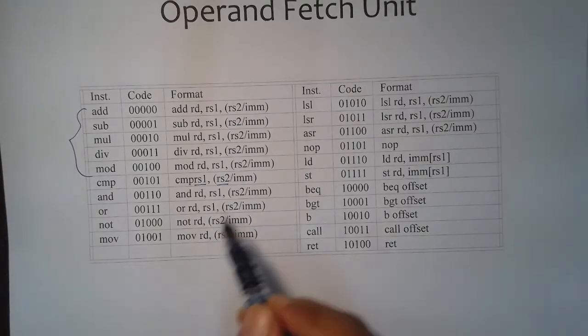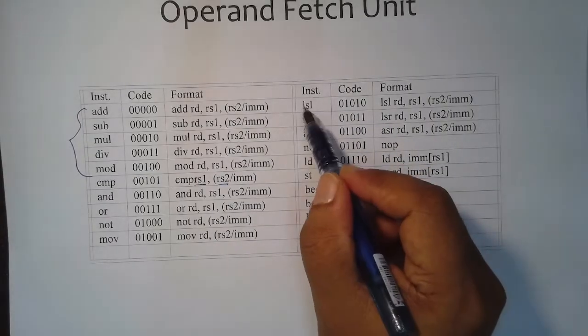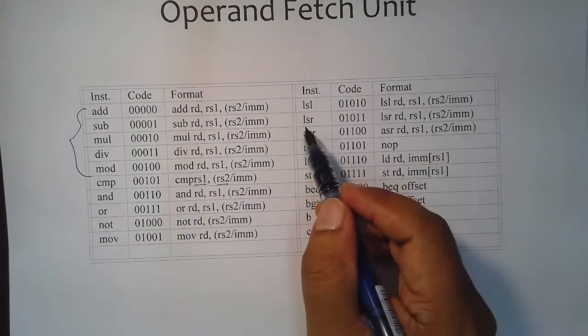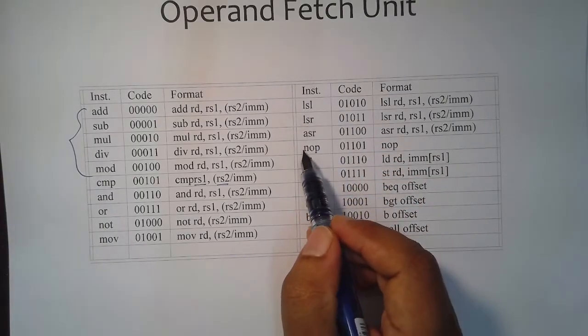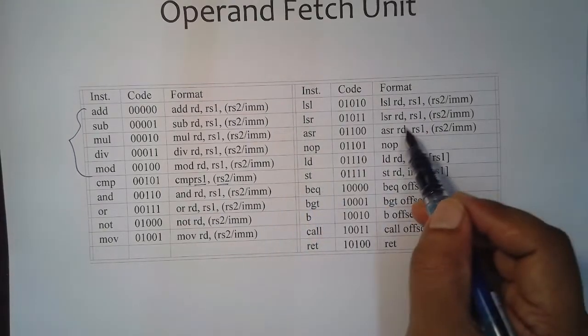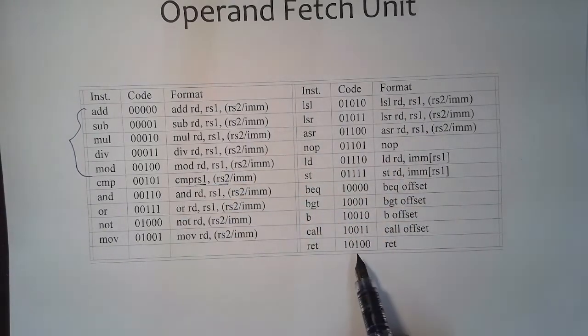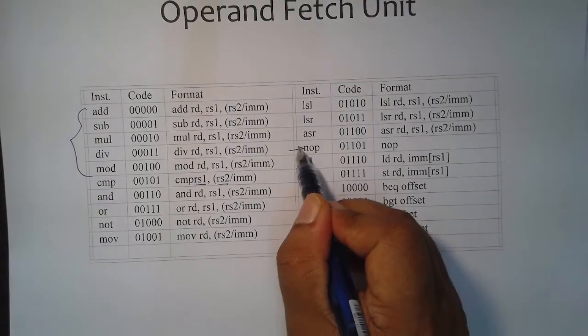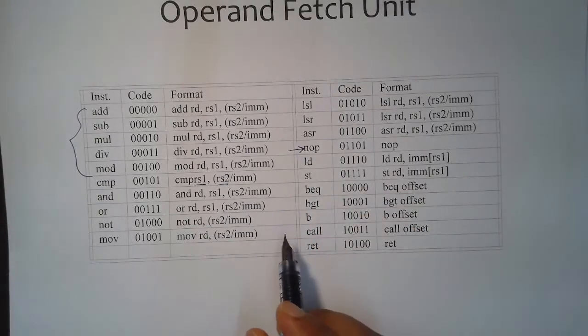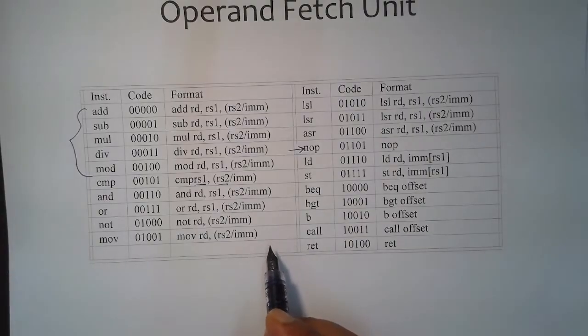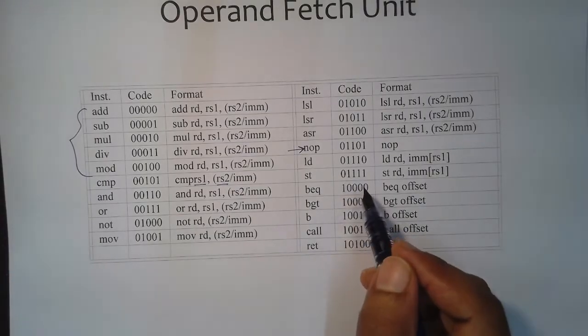And then you have the shift instructions, logical shift and arithmetic shifts, which also have the same format. No-op we will be looking at in more detail when we talk about pipeline, but we will look at them separately.